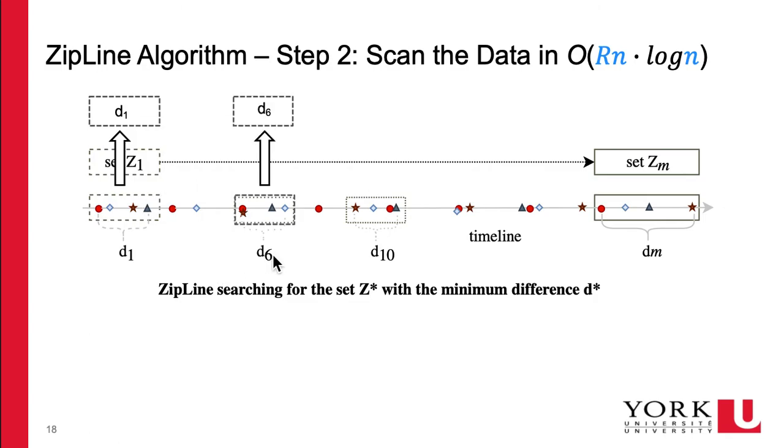Now we find a new set with range D6, and we find D6 is smaller than D1, so we remove this D1 set and keep this D6 set as the optimal. As it continues, ZipLine finds another set with range D10, and D10 is equal to D6.